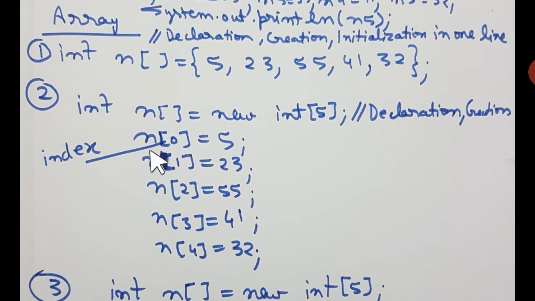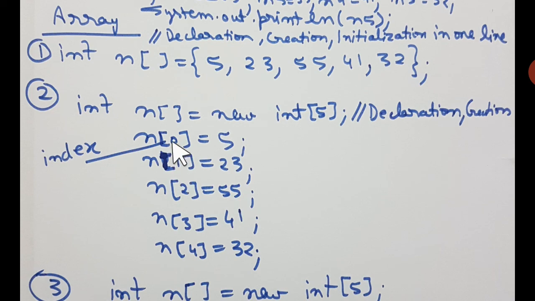So a qualified name of an array element is always the name of the array and its subscript or the index. So students, here you can see that 0, 1, 2, 3, 4 are what? They are indices.